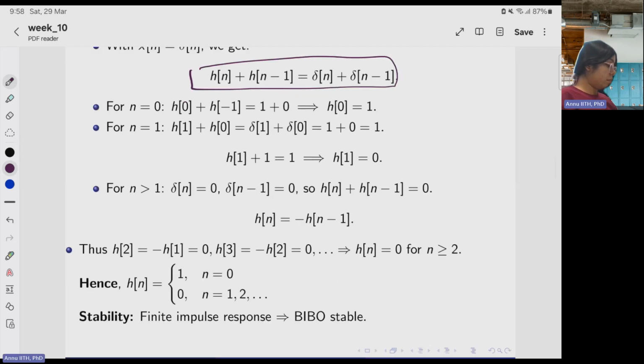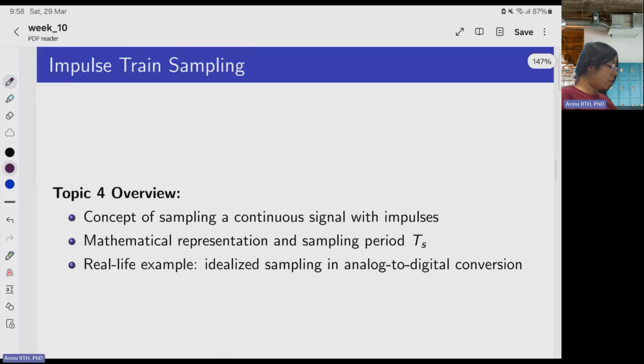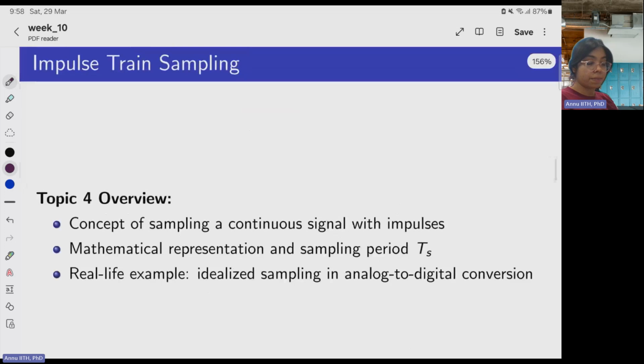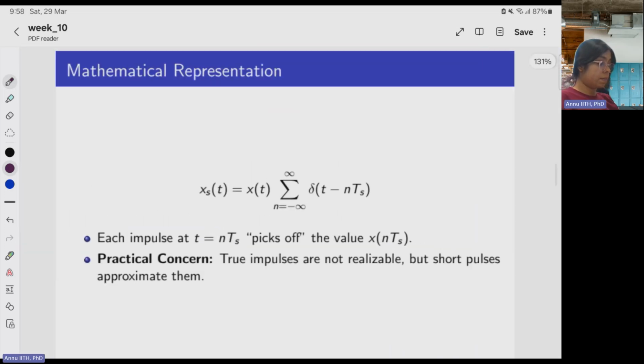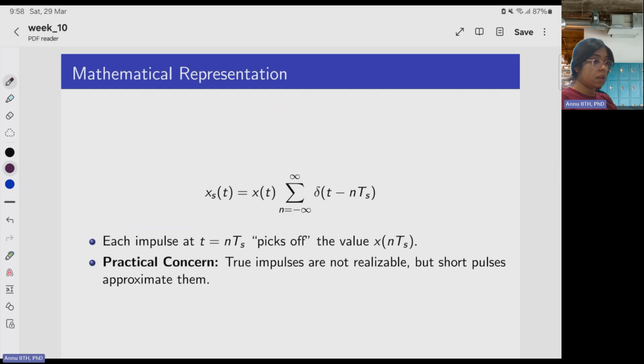Okay. So topic 4 was the concept of sampling a continuous-time signal with impulses, mathematical representation of sampling, sampling period, real life example, idealized sampling, and analog to digital conversion. Mathematical representation: what does this sampling mean?